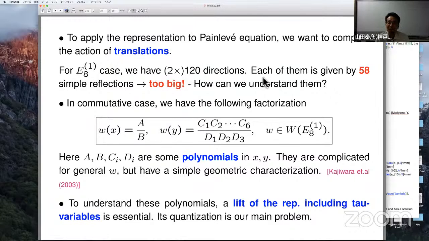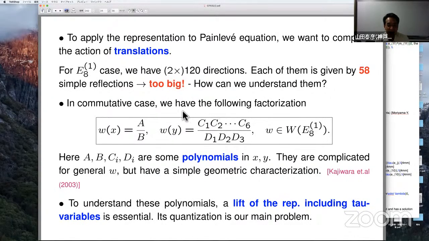And each of the translations is given by 58 simple reflections. They are too big, so they cannot be realized even on a computer. So the problem is, how can we understand this translation?